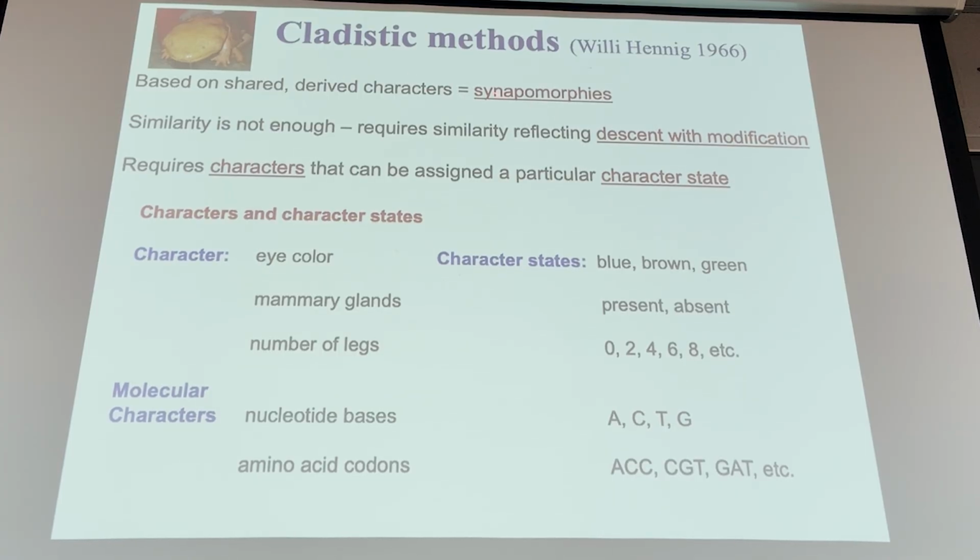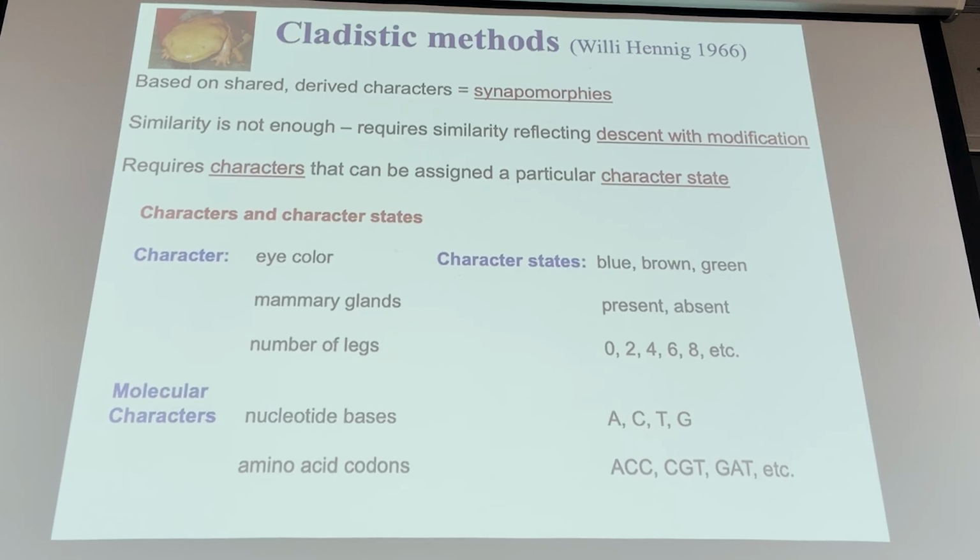They're called synapomorphies because syn means shared, apo means derived, and morphes means characters. So synapomorphies are the characters that are going to separate our organisms of interest into groups. They're the branches. Synapomorphies are at the branches of our tree.